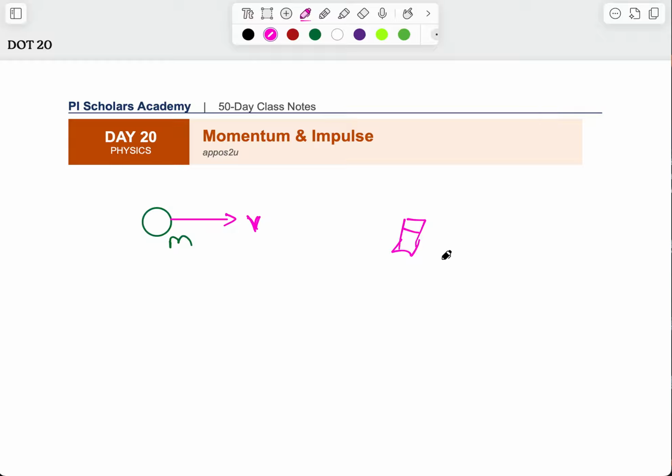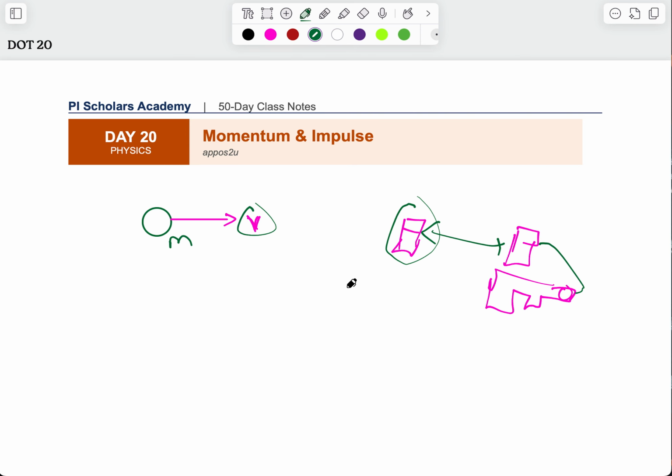If somebody grabs a bullet, and the same bullet is loaded into a gun, the bullet that is fired from a gun will do more damage than a bullet that a human will throw at you. What is the difference between the two? They both have the same mass, but what they have differently is the velocity.